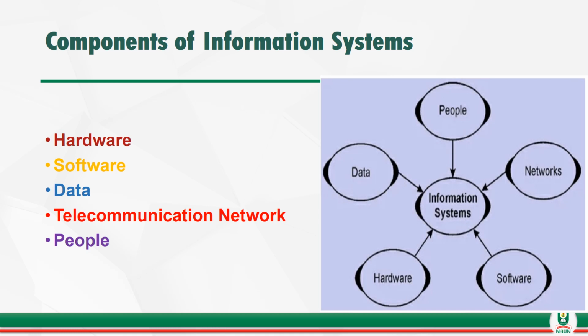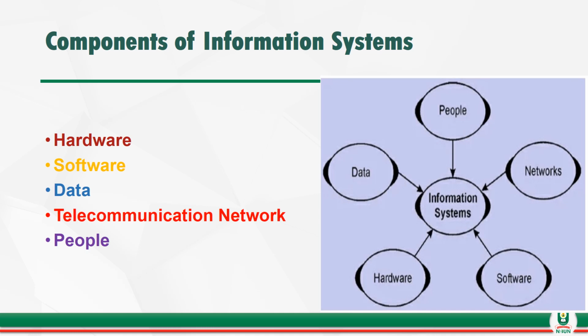This component is very important. And why is it important? Because without the telecommunication network, the hardware, software, nor the data would function effectively. And examples of telecommunication network include the routers, the hubs, the web server.